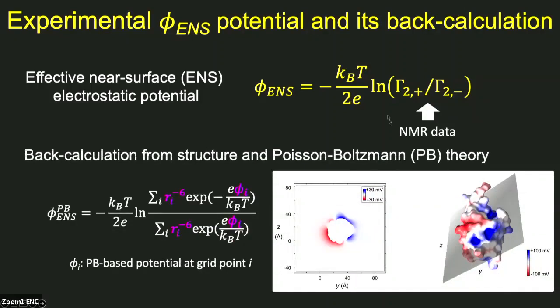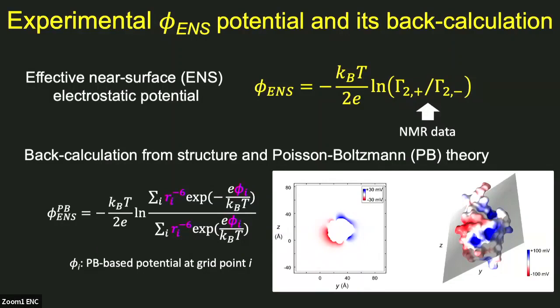Here, this R is the distance between grid point and observed nucleus, and phi I is the electrostatic potential from Poisson-Boltzmann theory. So using this equation for the entire space of the grid space, you can back calculate phi ENS, and you can compare the experimental potential and computational potential.